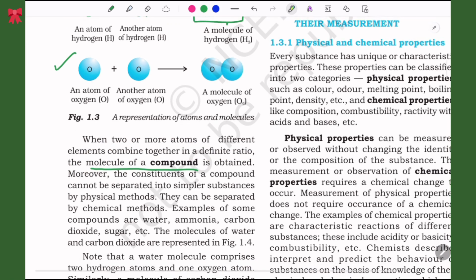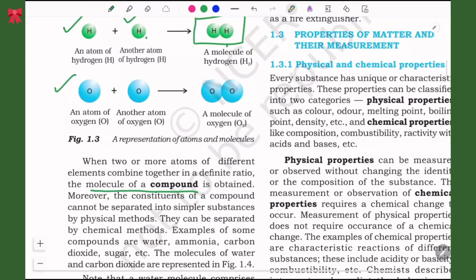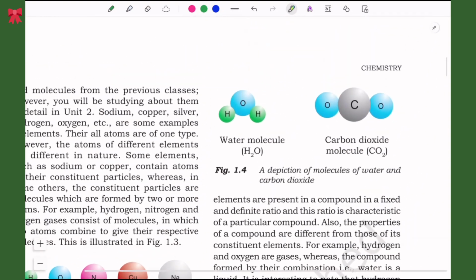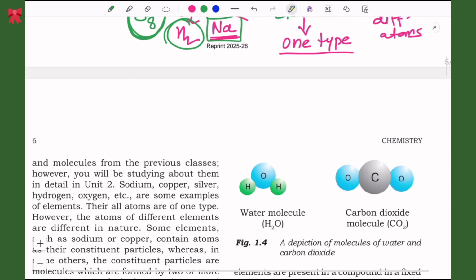This point should be very clear in your mind, students: what is the meaning of a molecule of an element and a molecule of a compound. I'll now explain the difference between them.